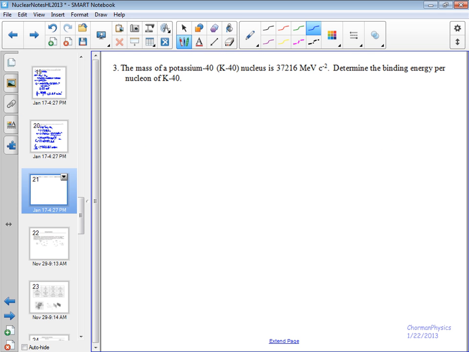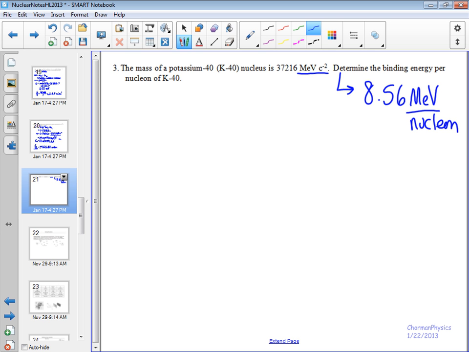Final piece here. For number 3, I'll let you guys solve this on your own, okay? But your binding energy per nucleon is going to be 8.56 mega electron volts per nucleon. All right? I'm sure you can do this with the information that you have been given. A bit more challenging though, okay, because the units that you've been given are already in MeV per c squared.